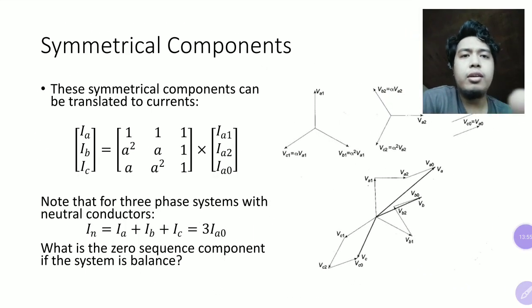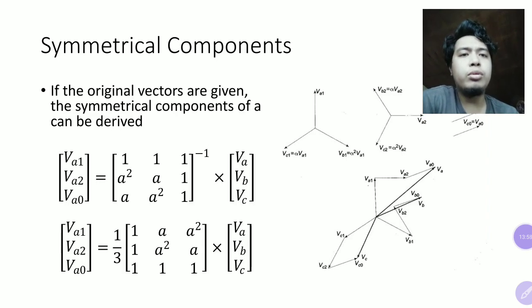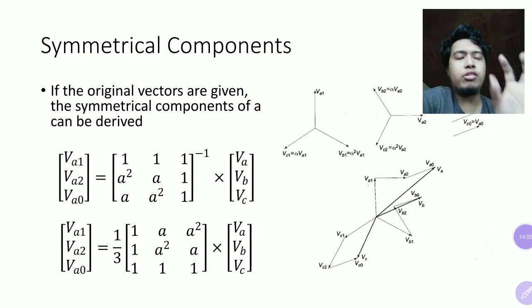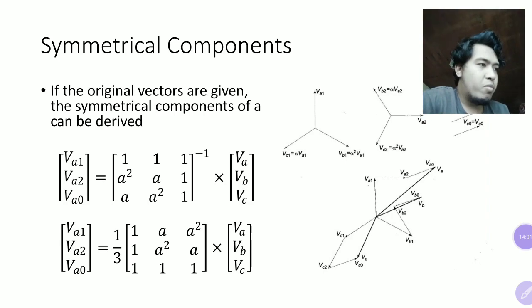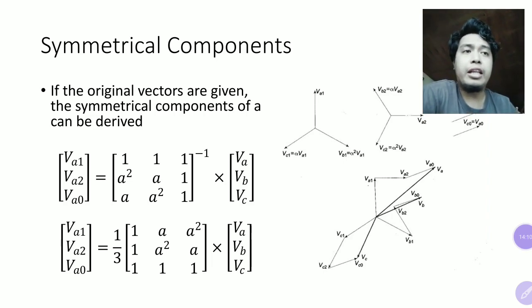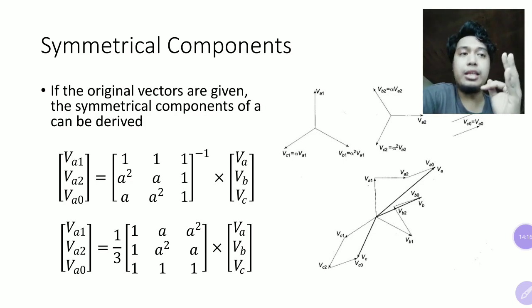I guess what I want you to get from this theorem is that if you encounter an unbalanced system, of course, you cannot represent that in a single line diagram because it's unbalanced. However, you can represent that unbalanced system as 3 different systems. And all of these 3 are balanced systems.